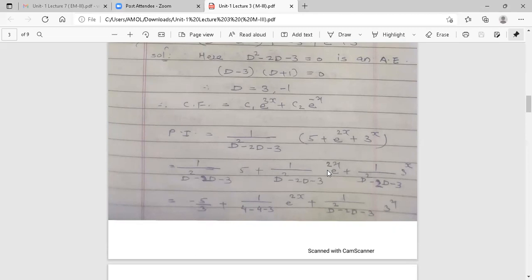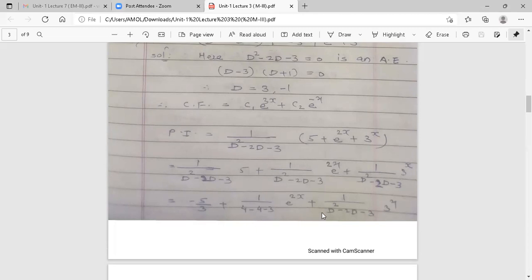Now the second term is the exponential function e to the power 2x. How to solve for it? Replace d by the coefficient. The coefficient is here 2. So replace d by 2. 2 square is 4, minus 2 times 2, that is 4, minus 3.